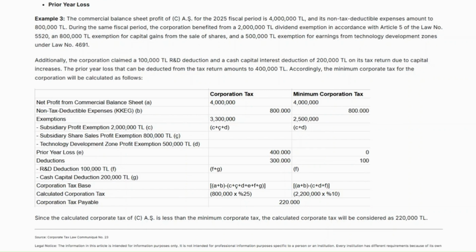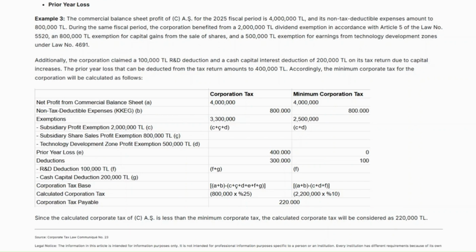In our example 4, we will calculate both the standard corporate tax and the minimum corporate tax here. You can see the table. The starting profit here is 12,500,000, and the non-tax deductible expenses, amounting to 500,000, are added to the taxable base.